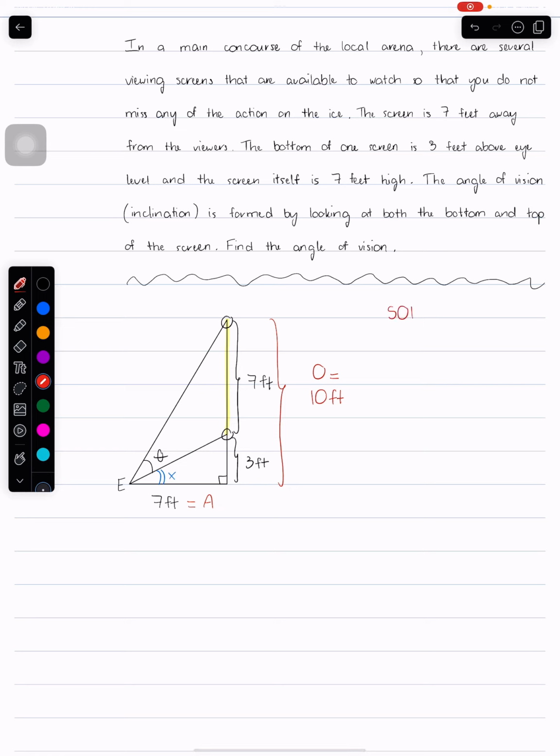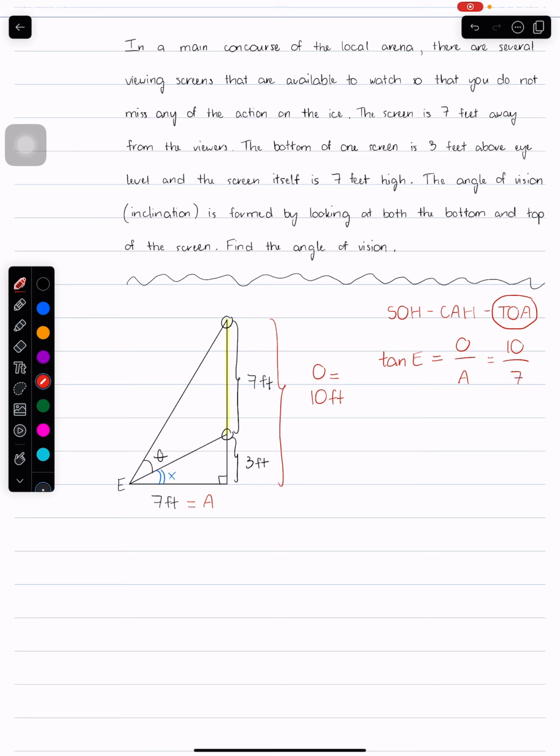I have SOH. And based on the description of the problem, I have O and A, so I'm going to do TOA. So tangent of the angle E equals opposite divided by adjacent, meaning 10 feet divided by 7 feet.